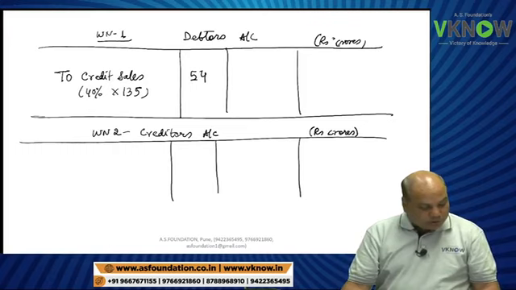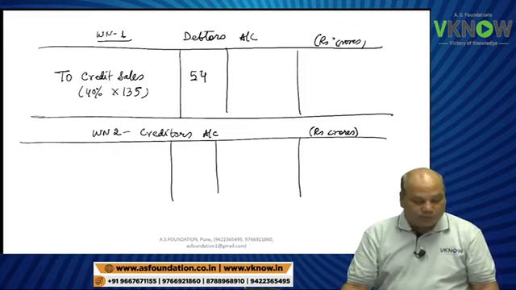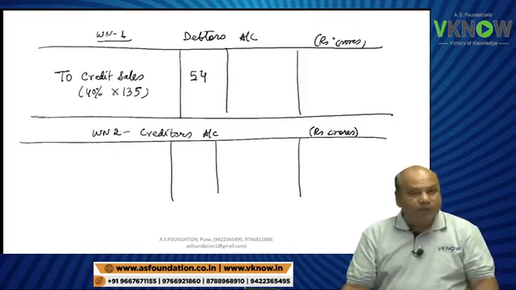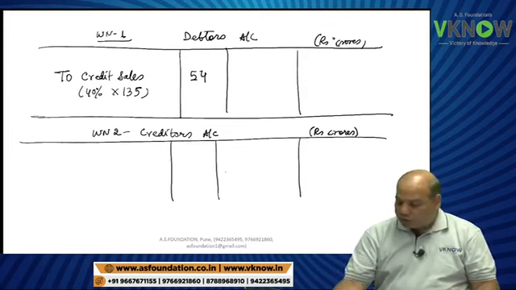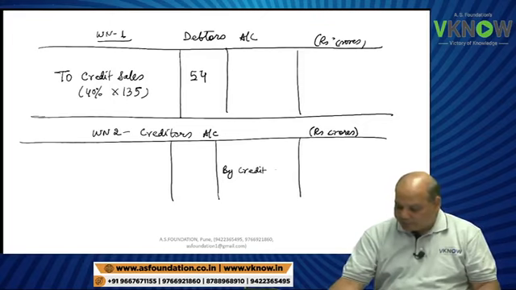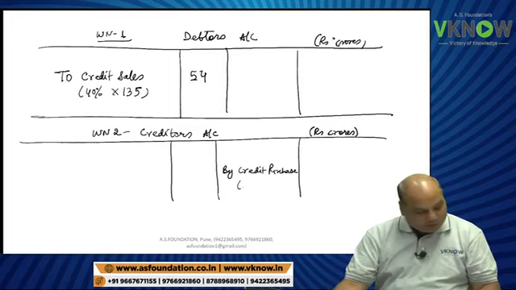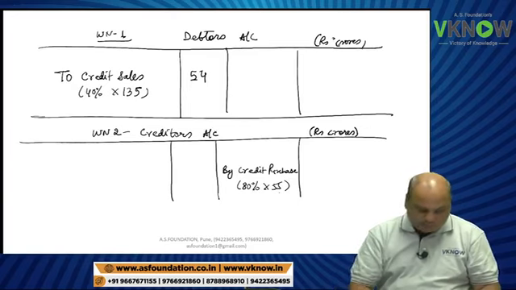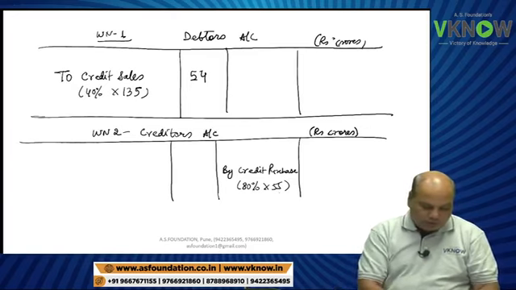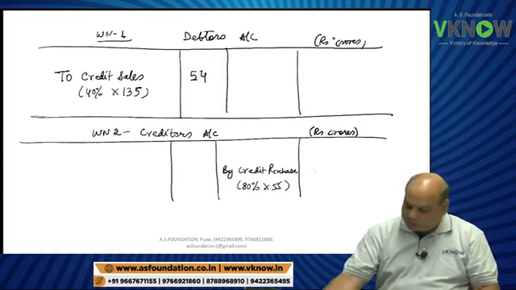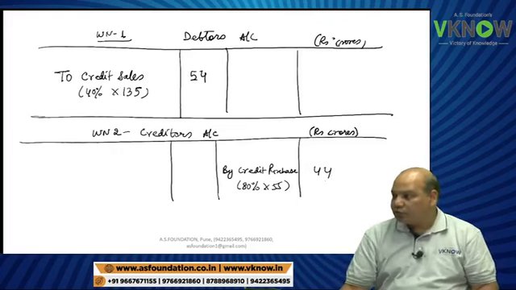Purchase for the year amounted to rupees 55 crore, out of which credit purchase was 80%. So we will come to working note 2, creditor account, by credit purchase, 80% of 55, 44.